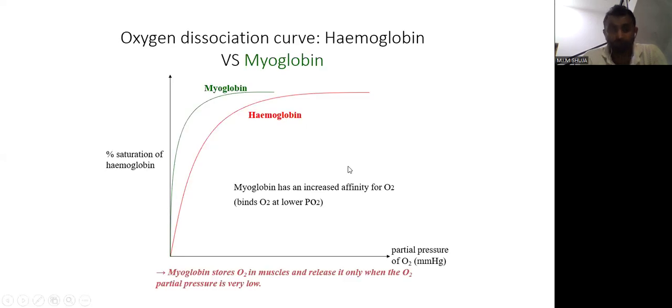So this curve is shifted to the left side. So when you shift the curve to the left side, what will happen? The affinity for oxygen is increased. So myoglobin will have more affinity for oxygen. Myoglobin is found in the muscle. The hemoglobin is found in the blood vessel. So muscle myoglobin will get oxygen from blood.